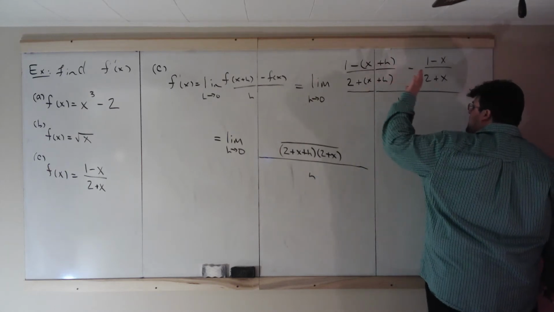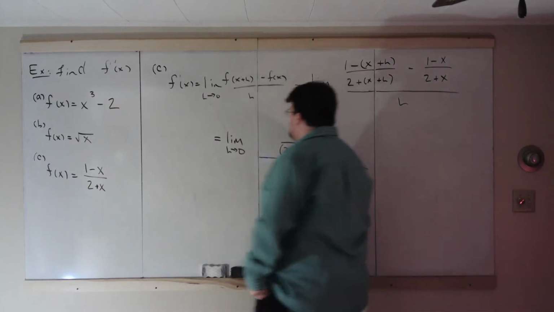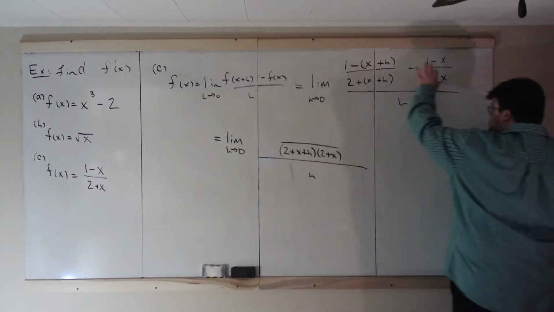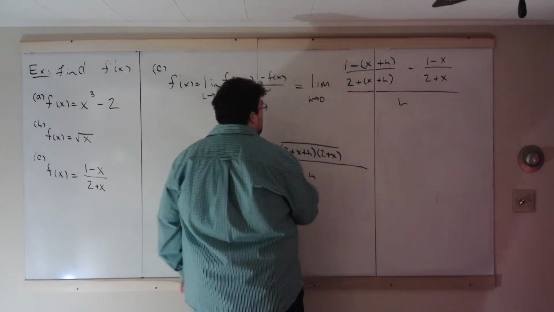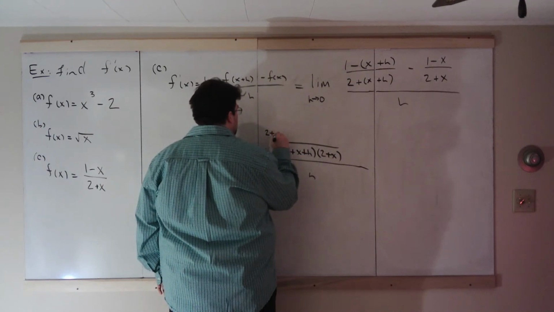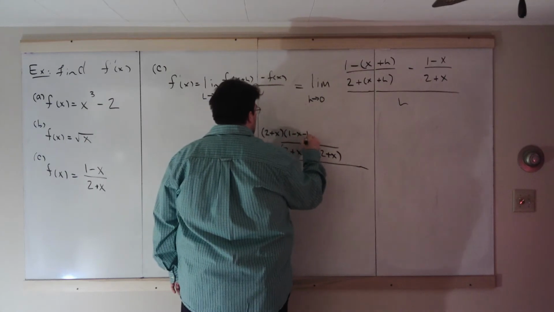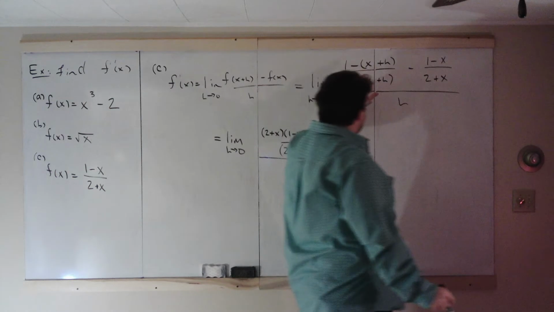So we have this fraction times 2 over x over 2 over x. So we get 2 over x. We have this fraction times 2 plus x over 2 plus x. So we get what? Let's write it like this. 2 plus x times 1 minus x minus h. So notice in this step I am distributing both of these out.